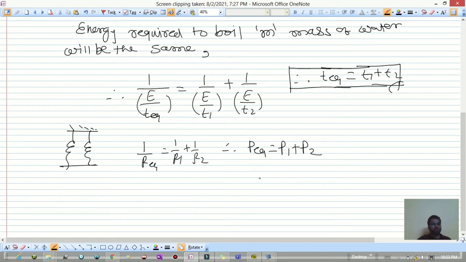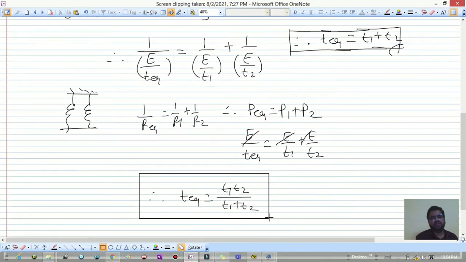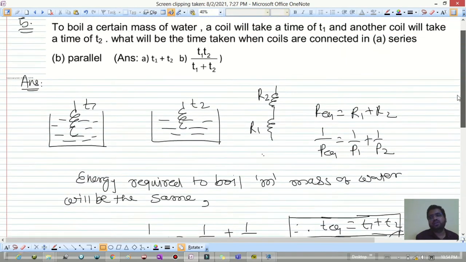So energy per unit time: E by T equivalent is equal to E by T1 plus E by T2. So this E gets cancelled, and we'll get T equivalent is equal to T1 T2 by T1 plus T2. So I hope this is clear to you all. Right, so this is the fifth problem.